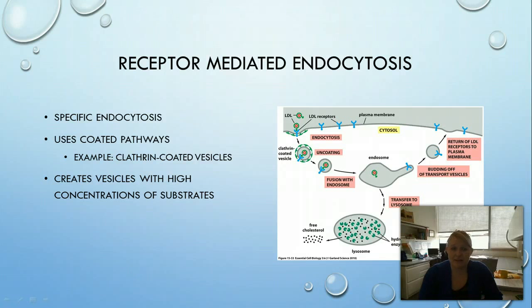What happens is these receptors will bind to their target molecule, and then they will bud off in these clathrin-coated vesicles and head to the endosome for sorting. And so it's really specific, and sometimes there'll be other stuff that gets trapped in there with it, but for the most part, these are going to be high concentrations of whatever substrate the cell needs. So this is something the cell specifically wants to bring in.